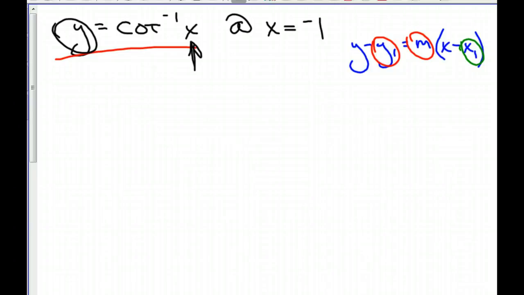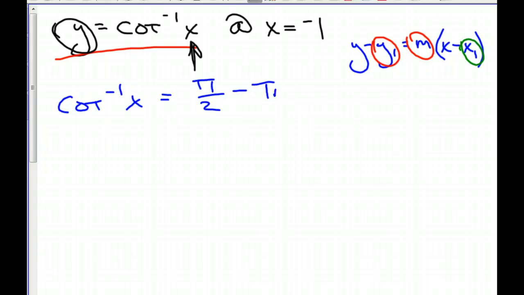And that's where the top of page 174, that conversion identity, comes in, because it says that the arc cotangent of x equals pi over 2 minus the arctan, which arctan is good, of x.